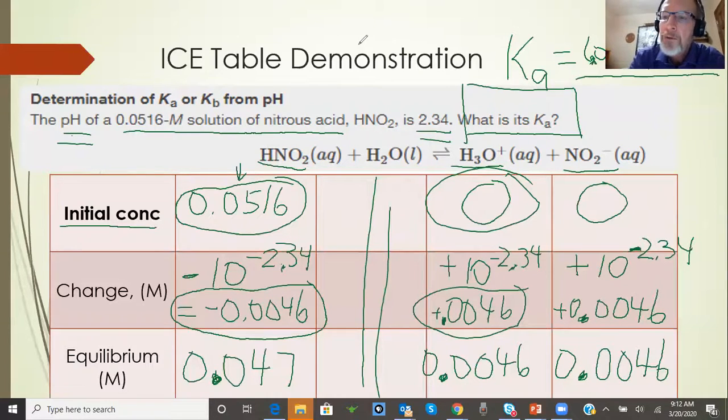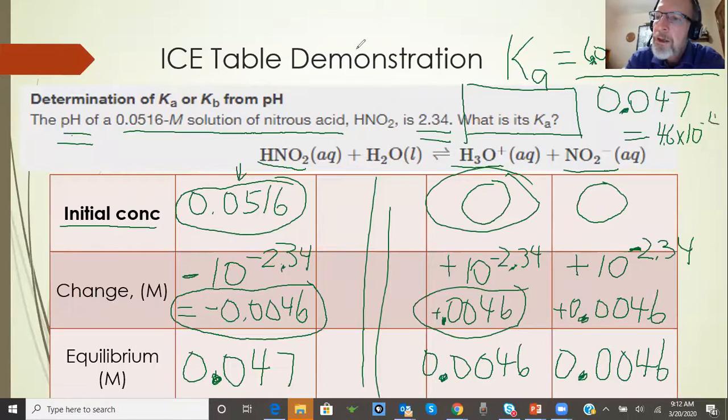And then it's divided by 0.047. And that equals, somebody may have already calculated it, 4.6 times 10 to the minus 4.